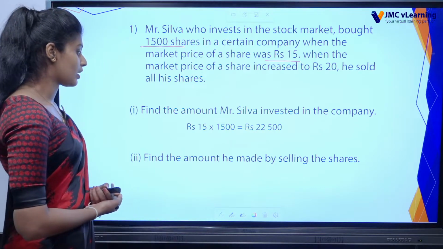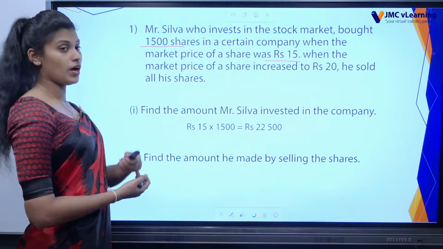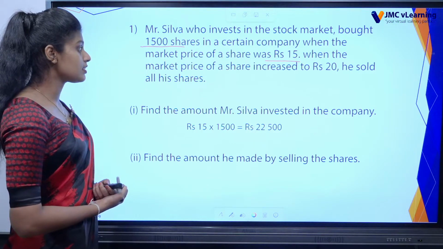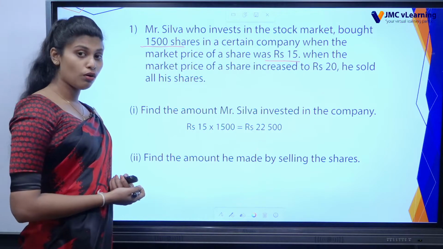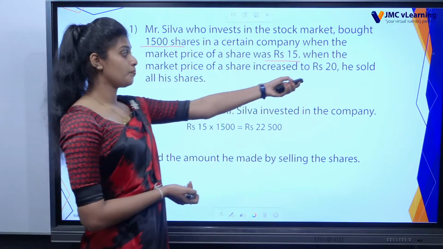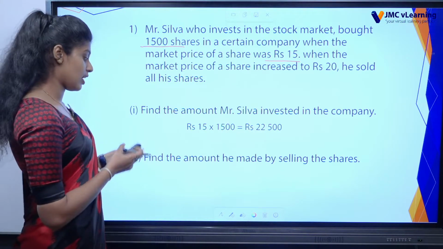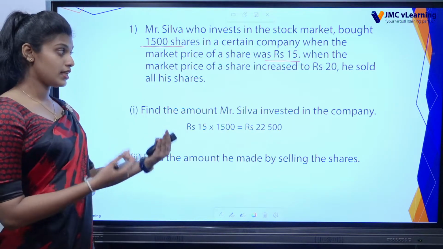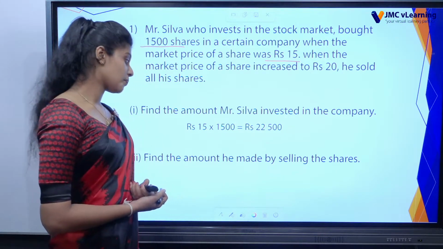Then find the amount he made by selling the shares. He bought 1,500 shares. After that he sold all the shares at 20 rupees. That means when Mr. Silva sold the shares, the value of one share is 20 rupees.